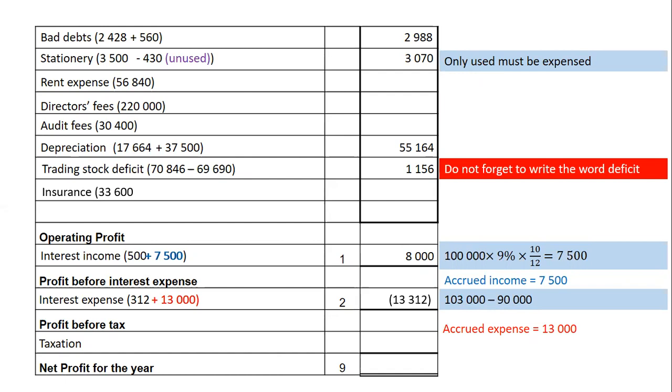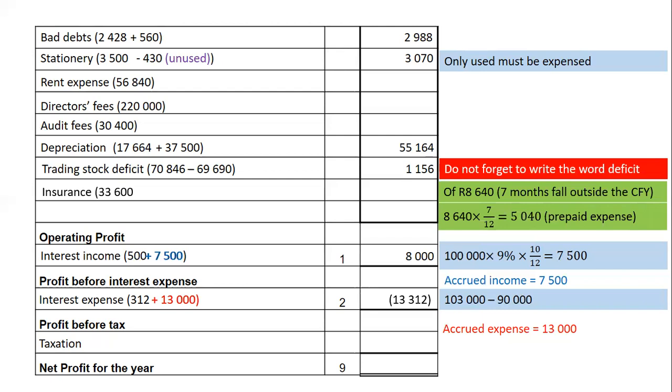So we need to exclude only the portion that doesn't fall within the current financial year, which is, if you take 12 minus 5, it'll give you 7. 7 months do not fall within the current financial year. So those 7 months, we need to subtract them because they represent a prepaid expense. We're going to subtract them from our insurance expense. So our insurance expense for the current year will be 28,560.